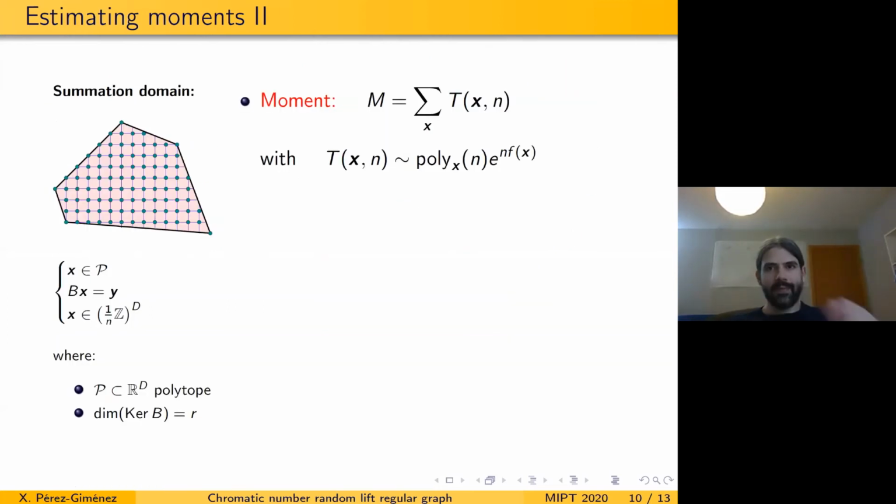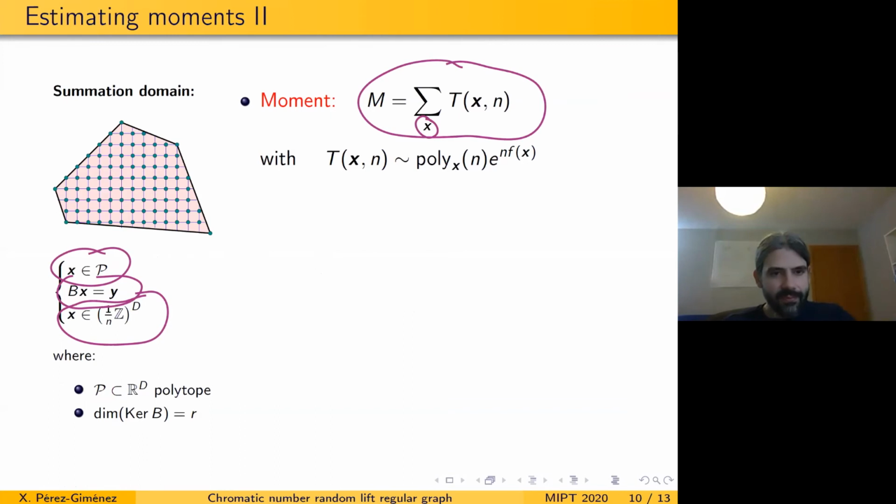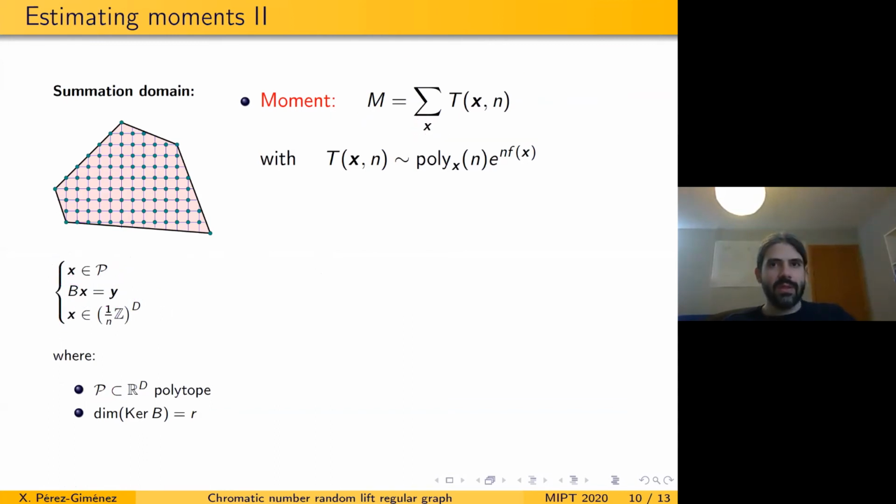So for each of the moments, our sums look like this, where we're summing over some x's that live in the intersection of a multidimensional polytope, a lattice, and an affine space. Of course, we would like to have a simple asymptotic expression for this sum.